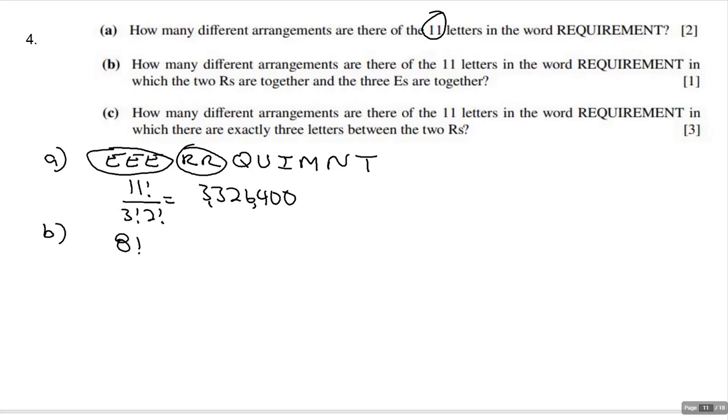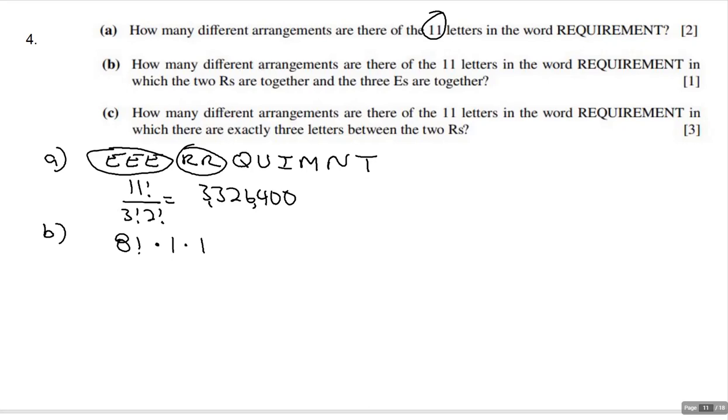How many different ways can I arrange 3 E's? Well, there's only one way. No matter how I arrange it, it's always going to say E, E, E. How many ways can I arrange R, R? Only one way. It's always going to say R, R. But you're totally right. I need to multiply times the number of ways the arranged things can be arranged. It just happens to be that in this case, they can only be arranged 1 way.